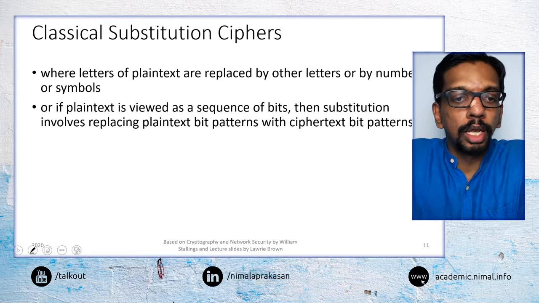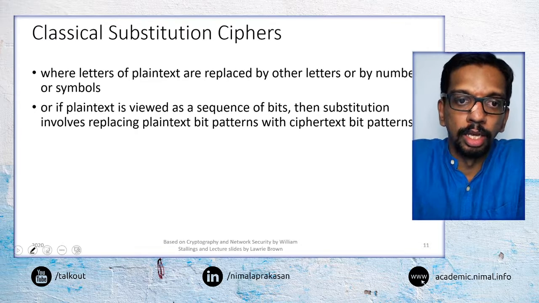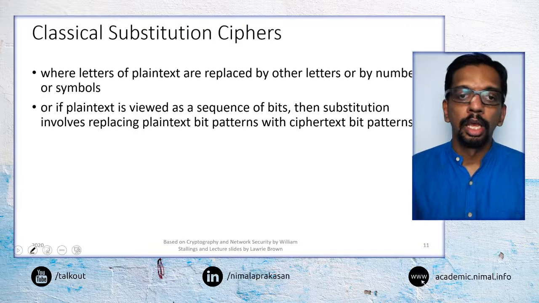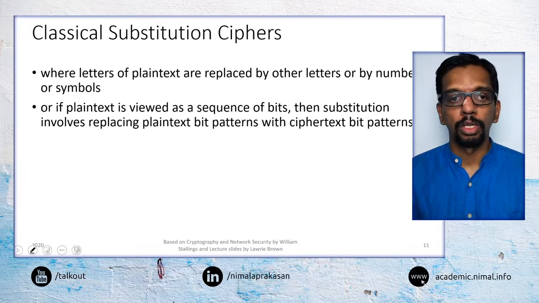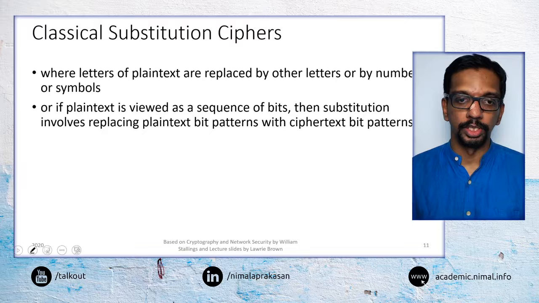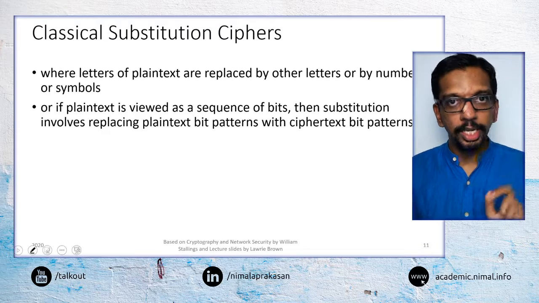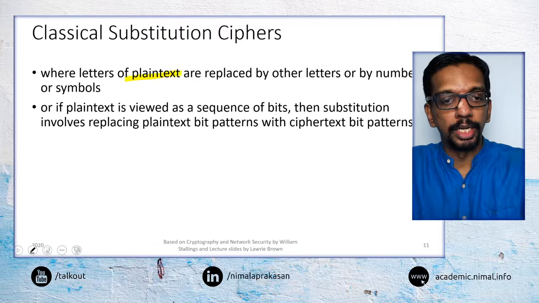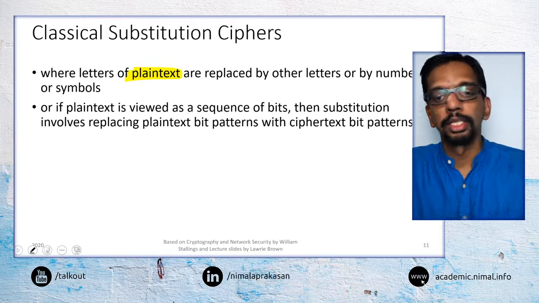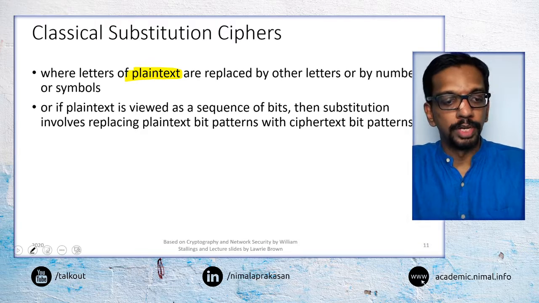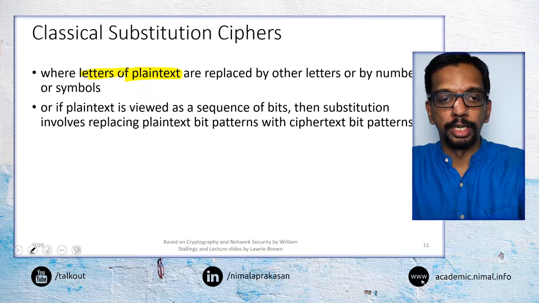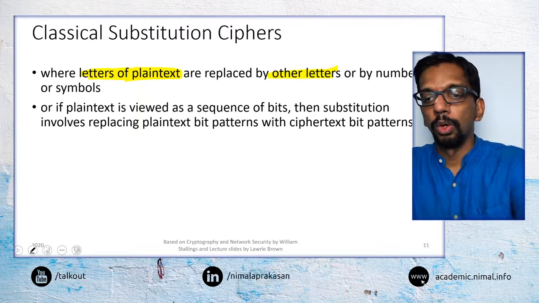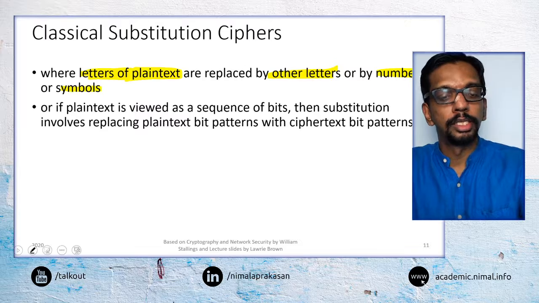Now let's look at some of the classical encryption techniques, classical encryption methods, and we will start with what is called the substitution ciphers. So the basic idea behind substitution ciphers is, if we have a plain text, what we will do is, we'll take the letters of the plain text and we will replace them by other letters or numbers or other symbols.